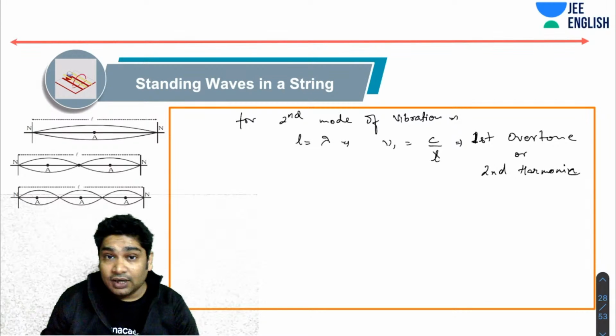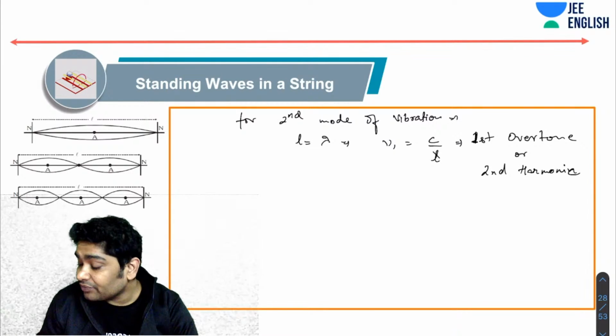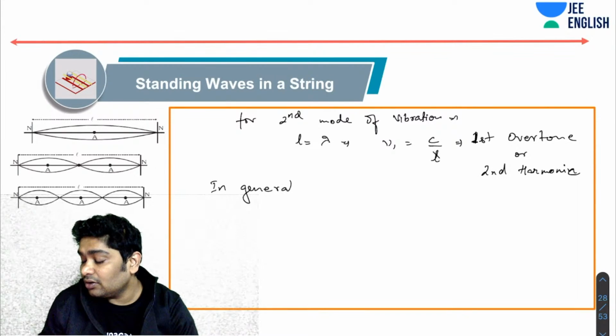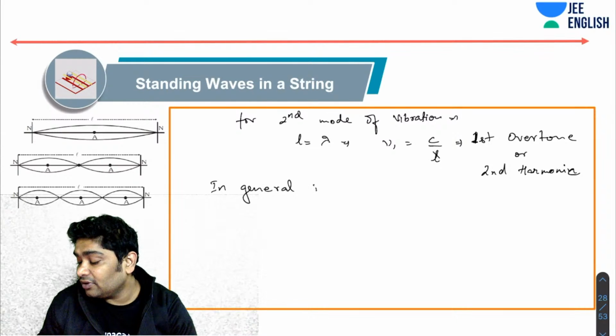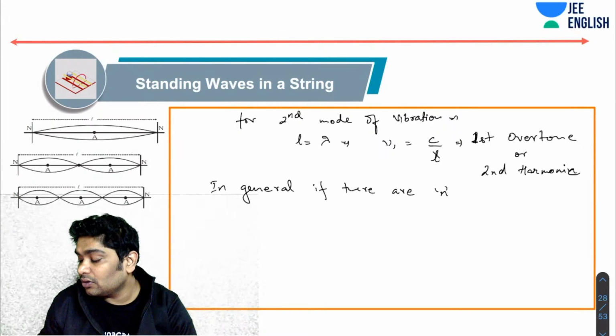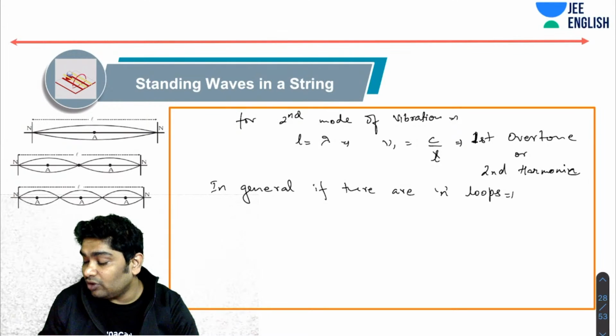Similarly, in general, if there are n loops, then I'll call this the nth mode of vibration.